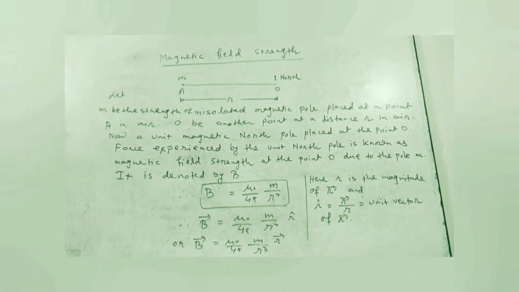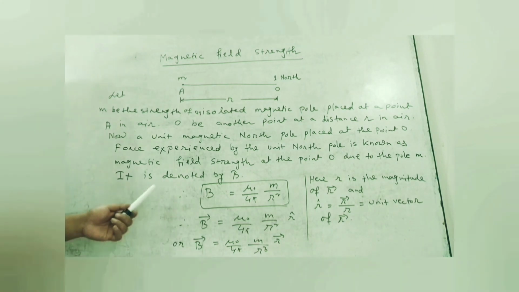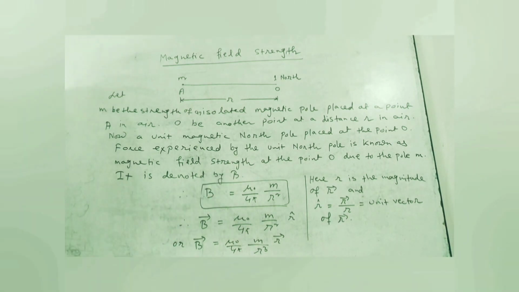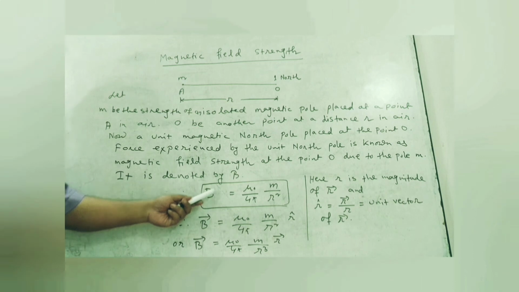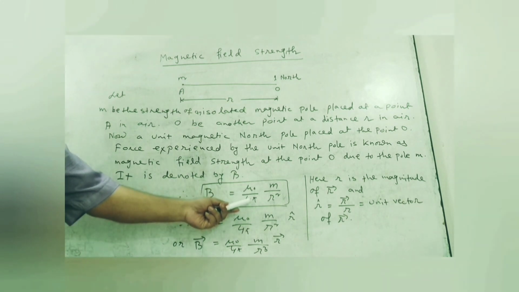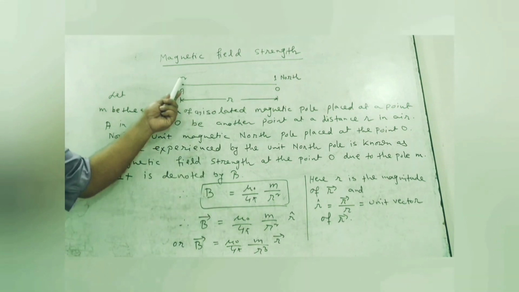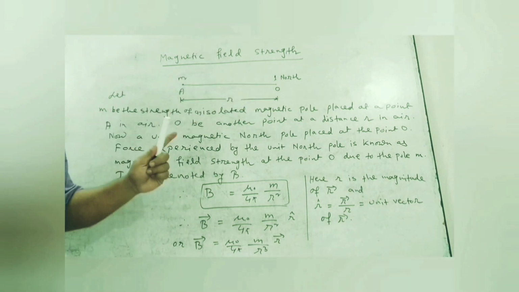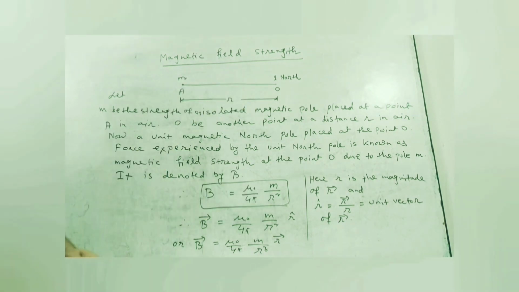Now from Coulomb's law we know that F is equal to mu0 by 4 pi M1 M2 by r square. This whole experiment is conducted in air. Now M1 is equal to m and M2 is equal to 1 and F is equal to B. The magnetic field strength is denoted by capital B. Therefore B is equal to mu0 by 4 pi m by r square.